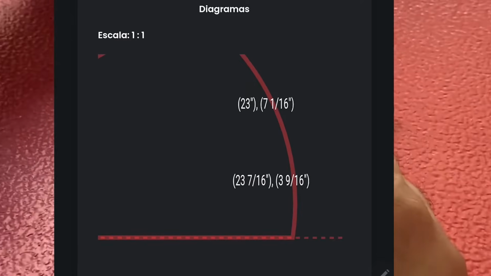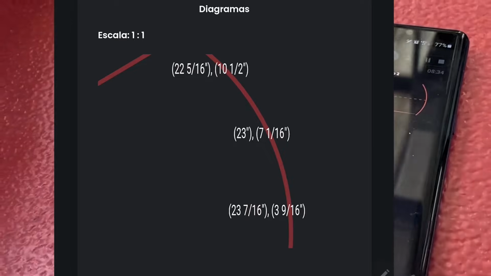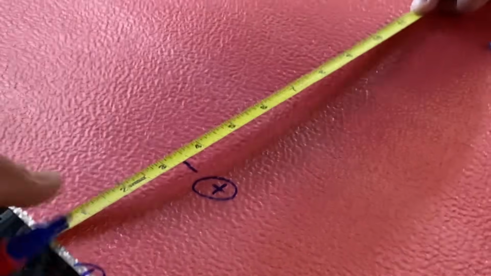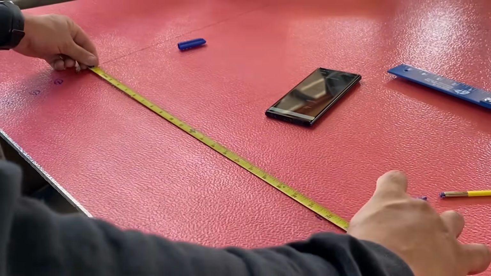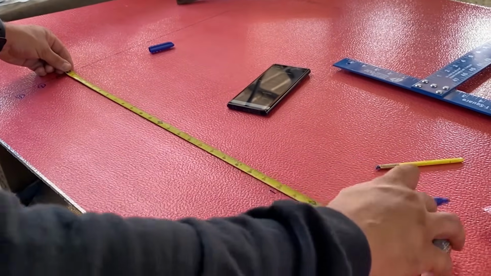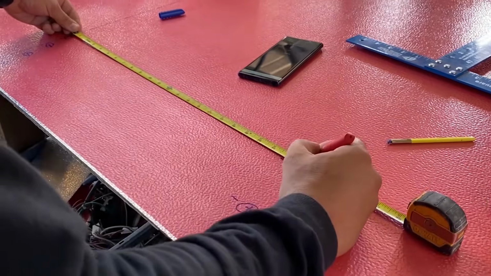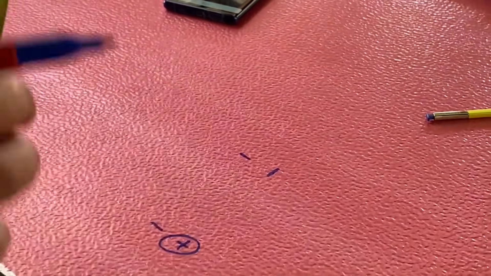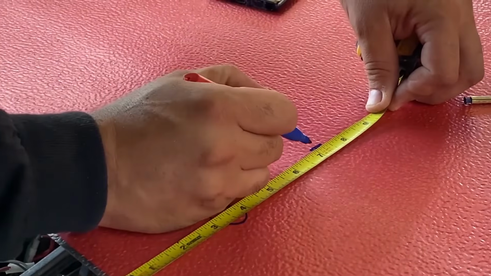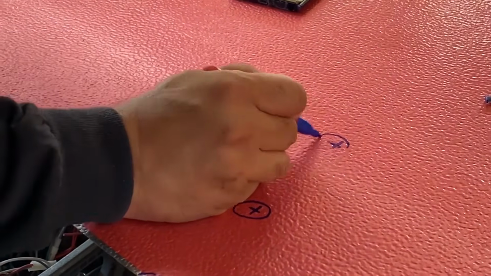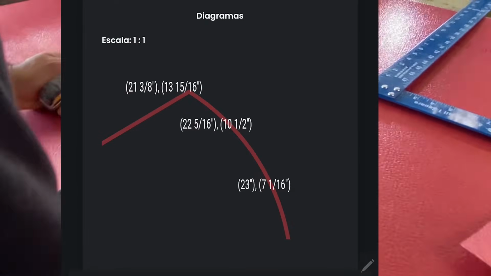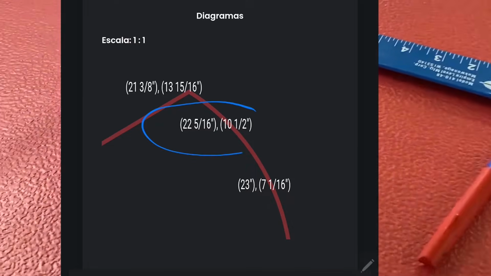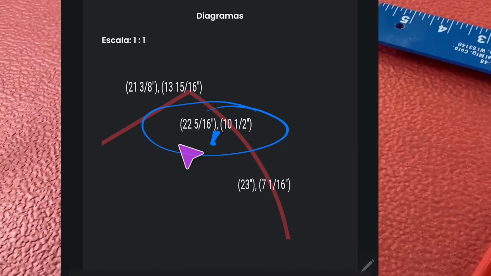The other point is 23 inches 7 inches 1/16, and this is our next point. The next one is 22 inches 5/16.